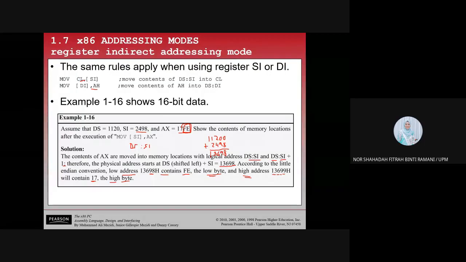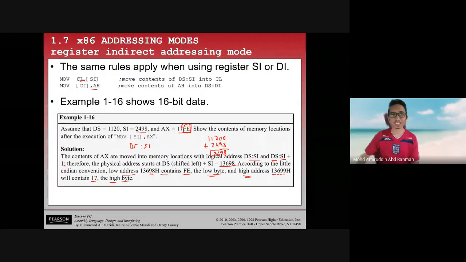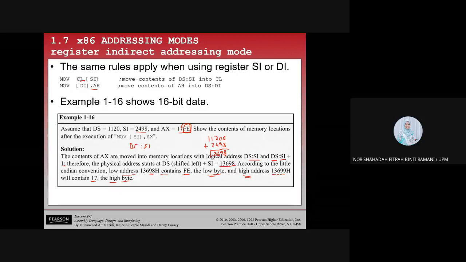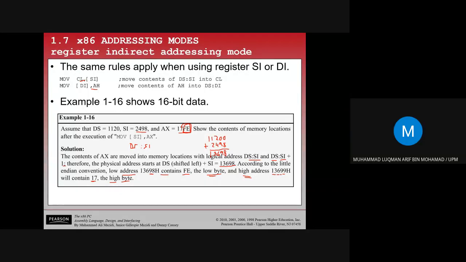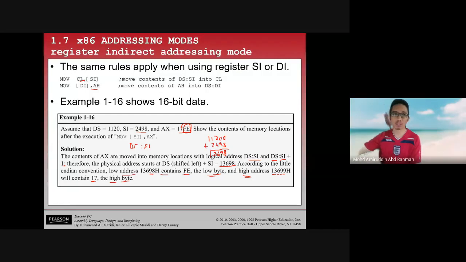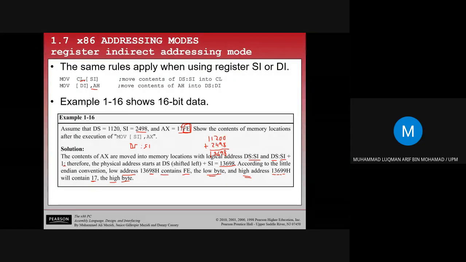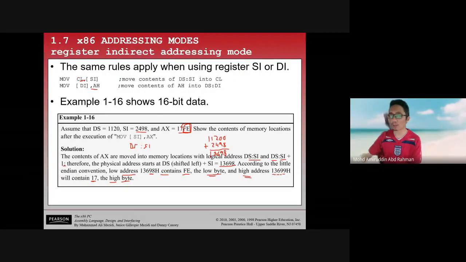Is there any spot question, Doctor? For the spot question, I will give you some assignments, so you do the assignments. It is like what you learn, on how to find out the memory locations.